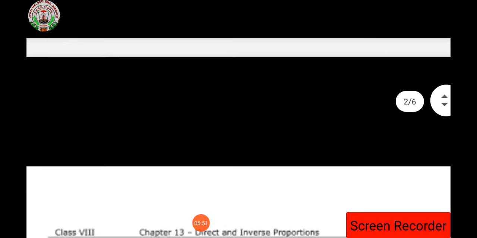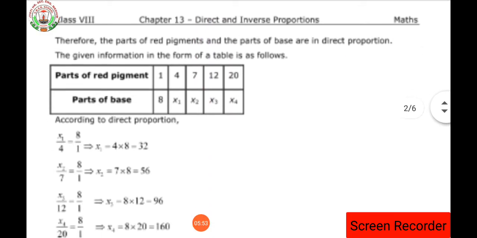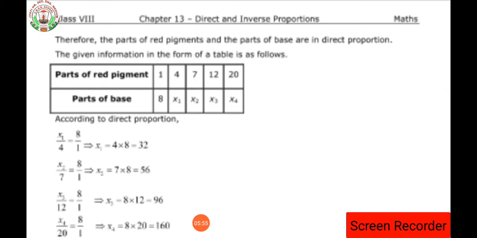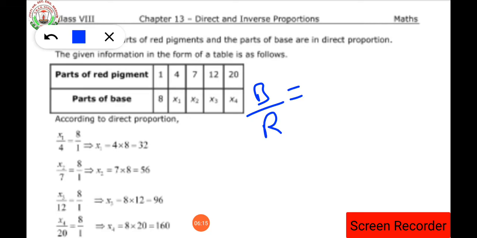Let's see the solutions in this. Yes, of course, we will consider it as x1, x2, x3 and x4, as I told you above. Now, the part of the base upon the red pigment is 8 upon 1.